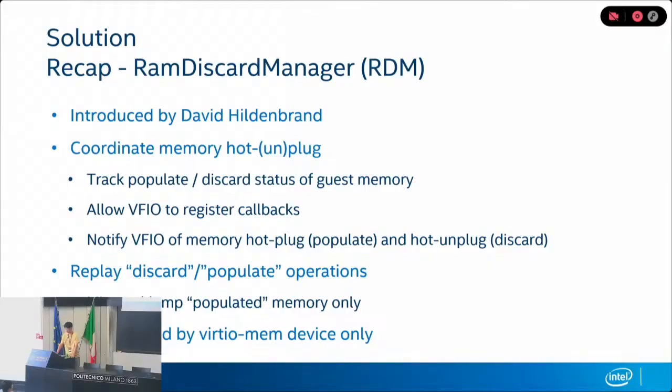It tracks the plugged and discarded state of guest memory, and it allows VFIO to register callbacks. So on memory plug and unplug, it will invoke VFIO's callbacks to update the DMA mappings.